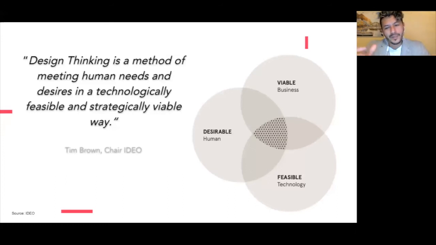And the last component is financial viability: it makes sense, what you're charging for this product compared to the cost of building it. So it's a methodology that helps you solve problems in a pretty specific way.